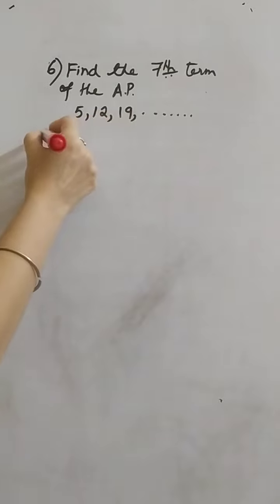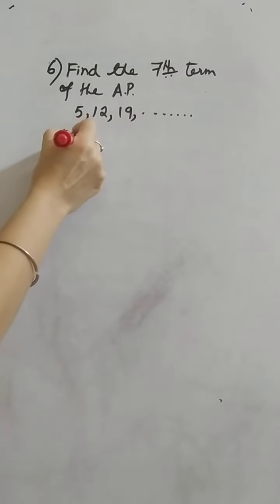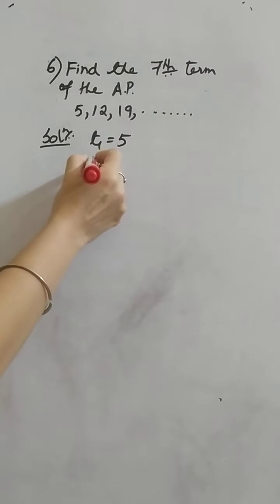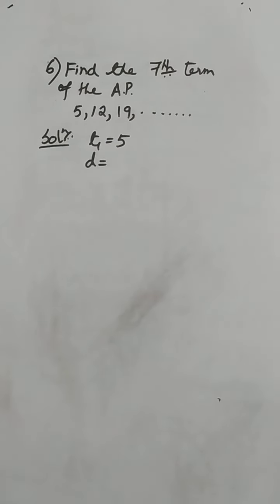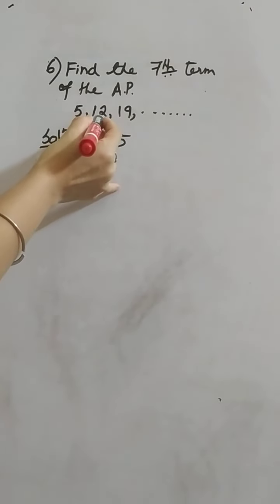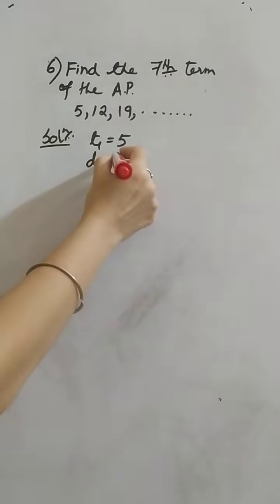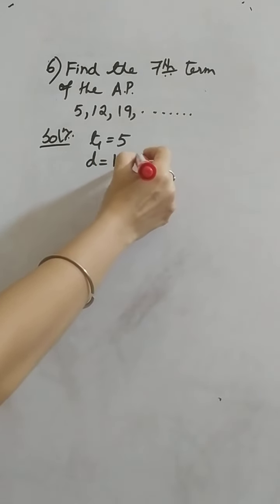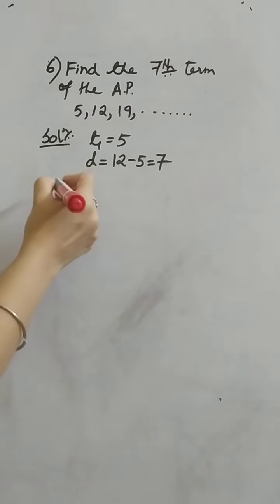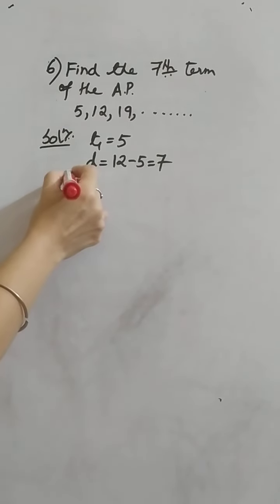The sixth problem is, find the seventh term of the AP 5, 12, 19 and so on. Solution. The first term is 5. So what is the common difference? The common difference d is 12 minus 5, a number minus the previous number. So the common difference, 12 minus 5, is equal to 7. We have to find the seventh term, that is T7.